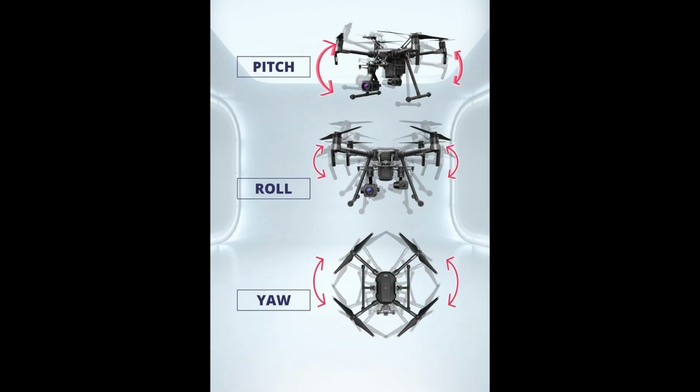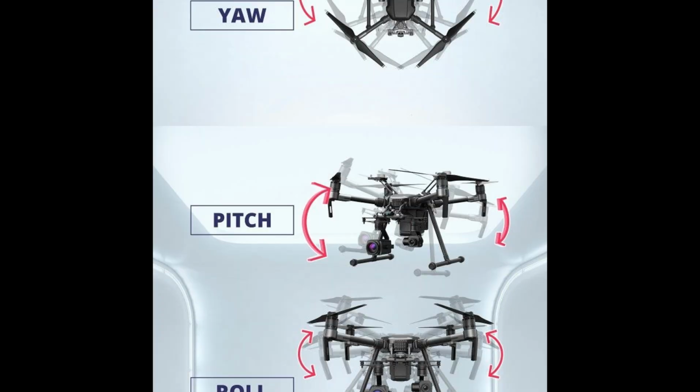The Y axis corresponds to pitch, that is the front and back movement. And the Z axis is responsible for yaw, that is rotating about an axis passing through the center of the drone. So if you ever see a drone rotate about an axis passing through its center, that's just the yaw movement.